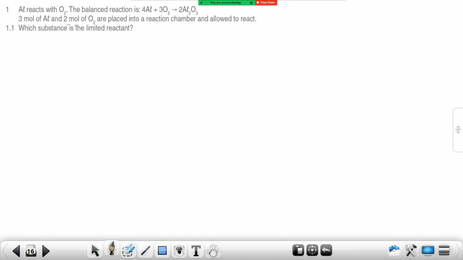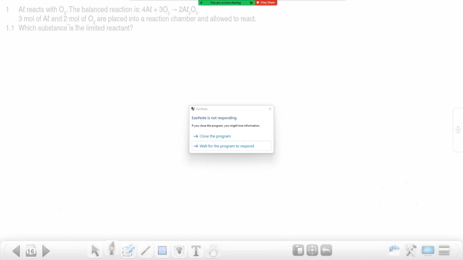The balanced chemical equation is aluminium plus 3 oxygen gives us aluminium oxide. I'm going to write it down. Which substance is the limiting reactant? I don't know. You must prove.